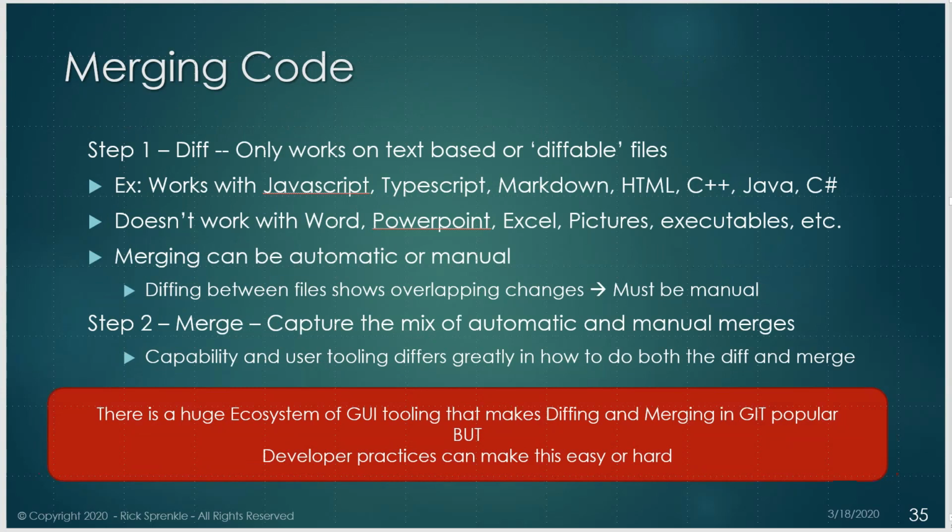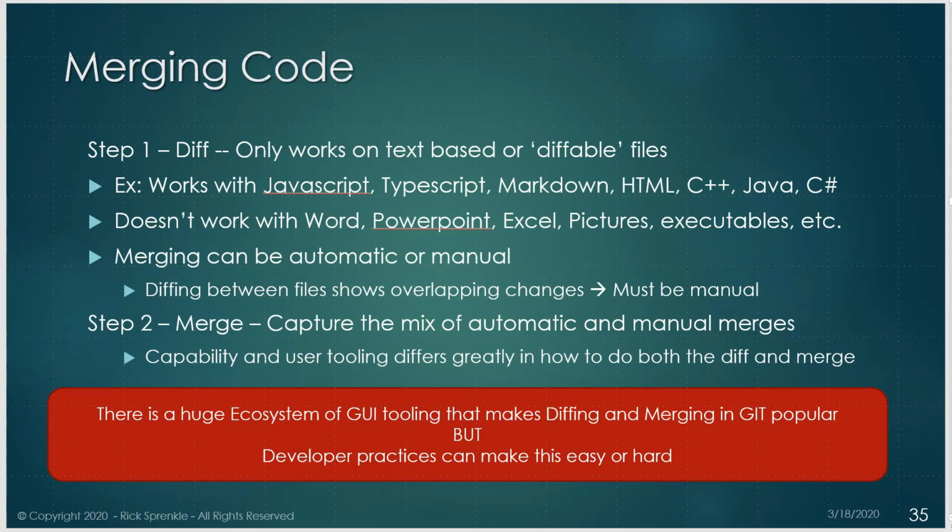However, merging can be automatic or manual. So obviously, if you've got two sets of files and between those sets of files, Alice changed her file first and no one changed it since then. So when you're merging the code bases, you'd say, well, there's no real conflict there. I can take Alice's file and just take it into my group.